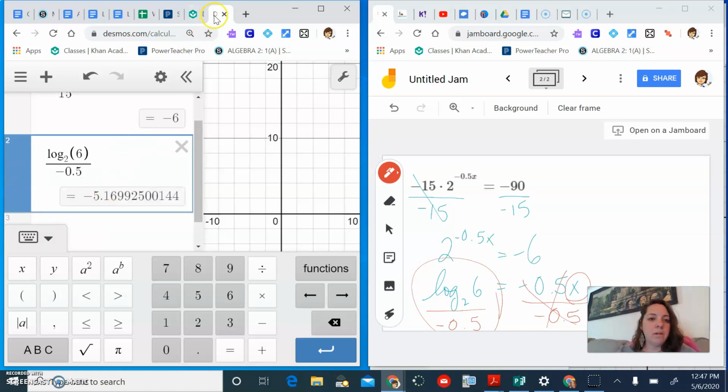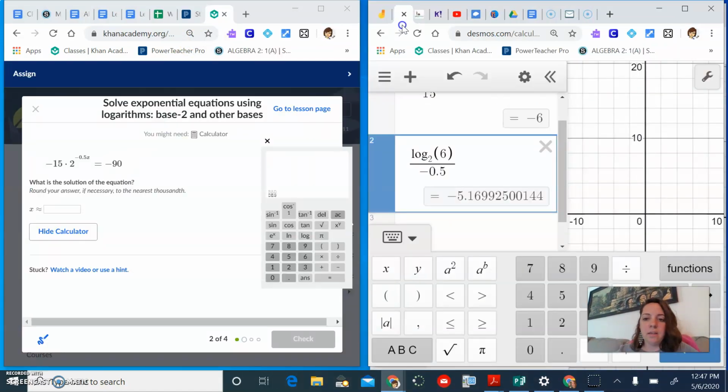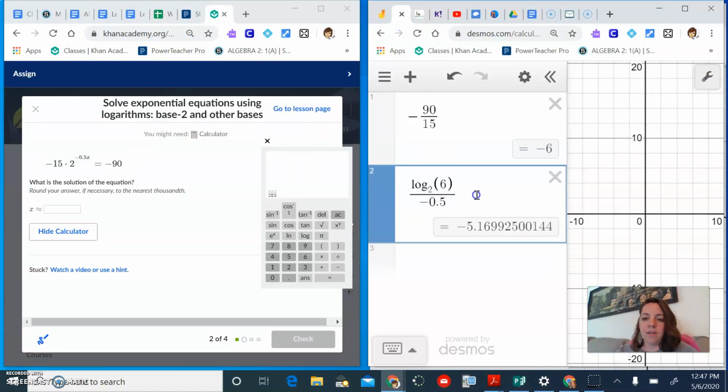So my answer is negative 5. Let's see, and that says 3 decimal places. So 169, because it says nearest thousandth. Well, this 9 up here means I need to bump it up. So instead of 169, I'm going to have 170. So negative 5.170.